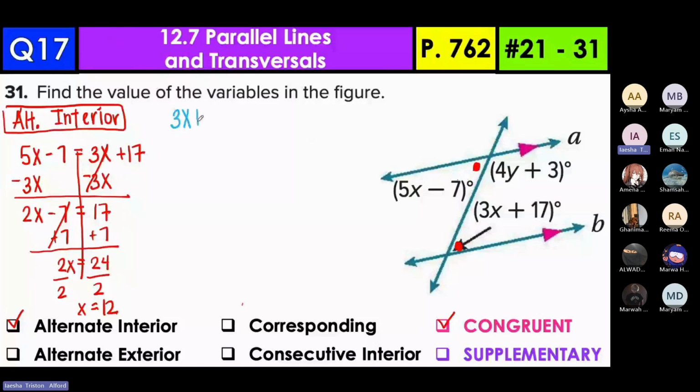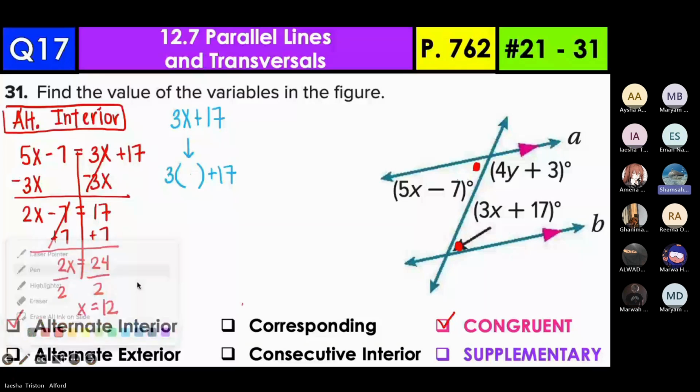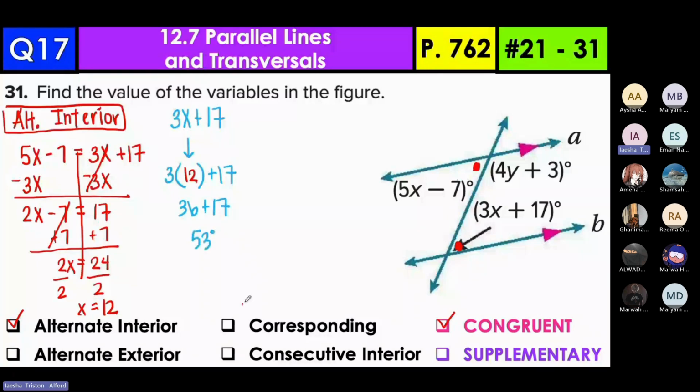So 3x plus 17. We're not writing x. Put parentheses. The 3 should be outside. The plus 17 should be here. What number should be inside? 12. Solve it. What do you get? 36 plus 17 gives you 53 degrees.